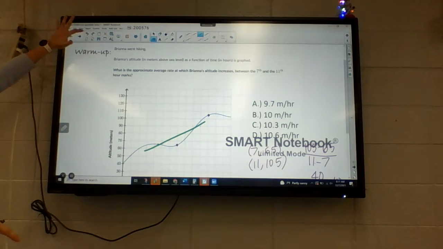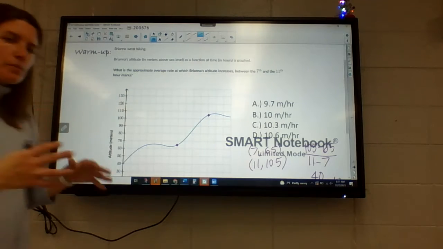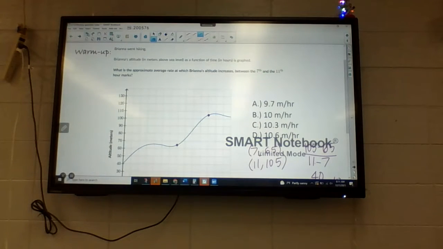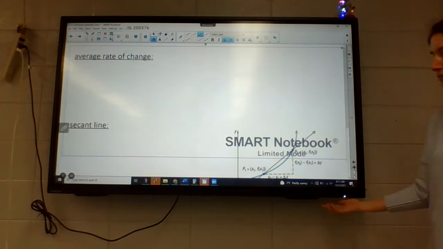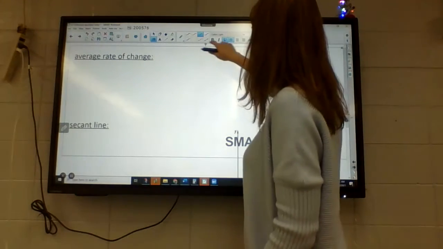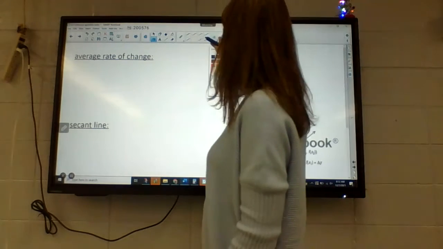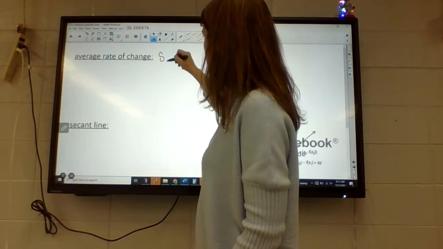So understand that this is not going to be 100% accurate if we're actually trying to find that slope, because we can't technically find it yet. So essentially, again, it's the slope.